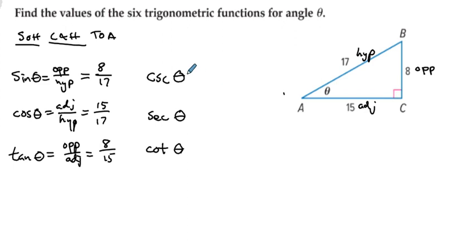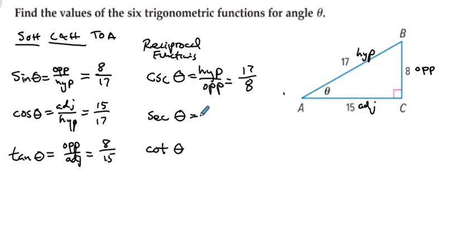All right. And so these are all our reciprocal functions, right? These are our reciprocal functions. So if you line them up with the proper functions that you have here, then you should be able to just flip them, right? So the cosecant is the hypotenuse over the opposite, right? So hypotenuse over opposite, so 17 over 8, right? And you actually don't even need to look at the diagram. You can just take this and flip it, right?